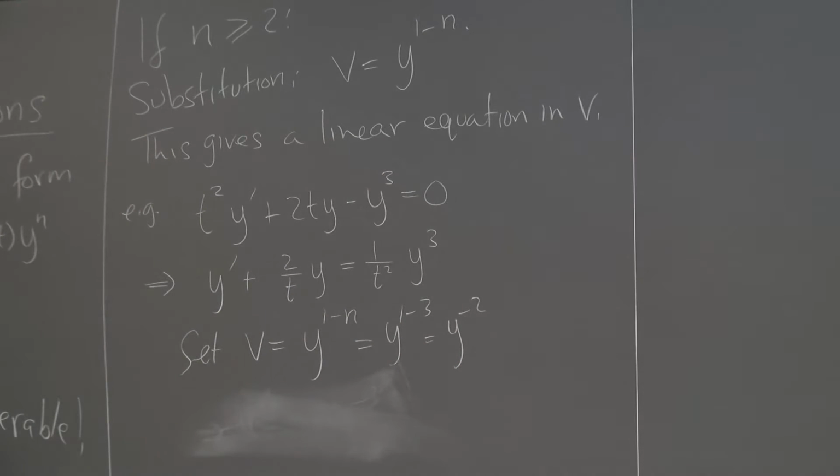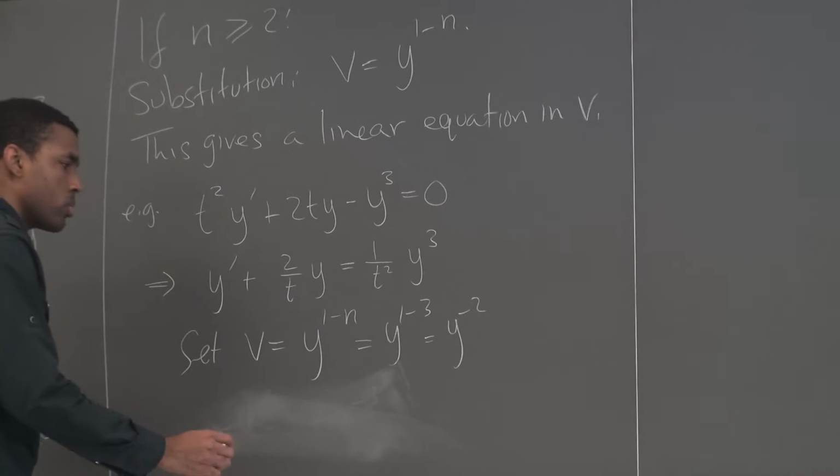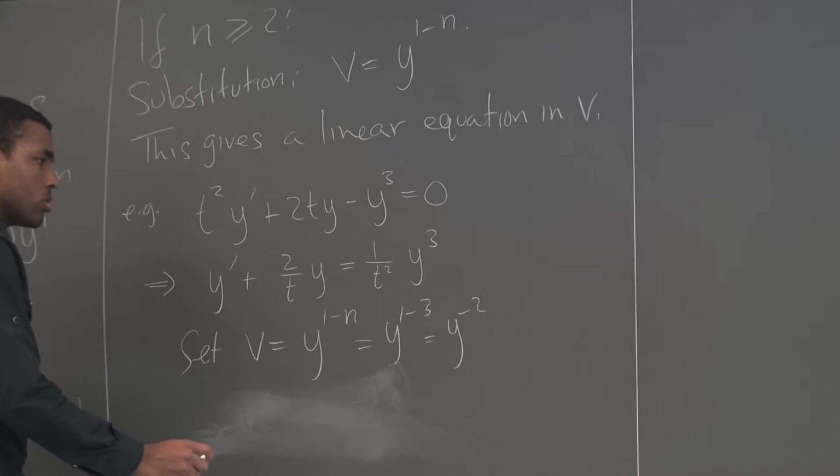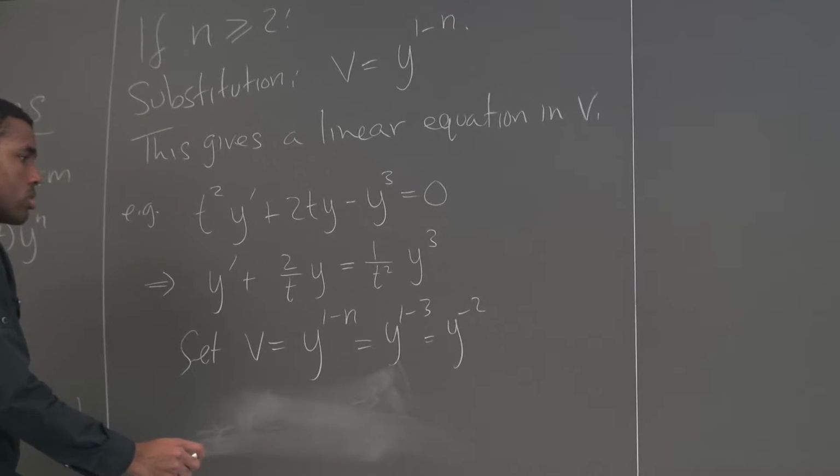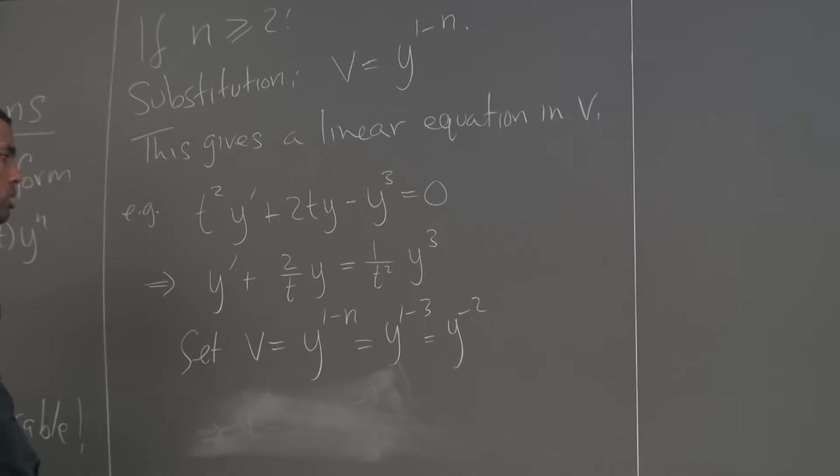We get negative 2y to the negative 3 times dy/dt. Y to the minus 1? I mean, minus 3.